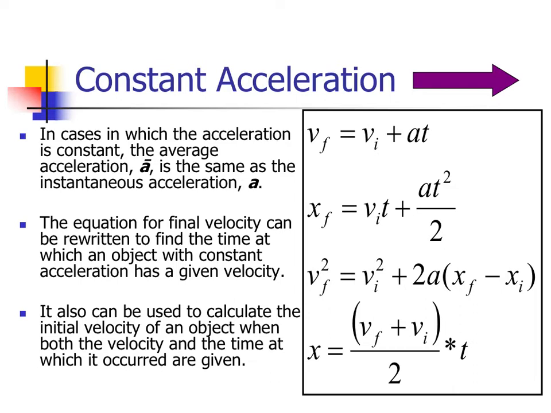The first equation is a manipulation of the acceleration equation. This equation is just an algebraic manipulation of our original acceleration equation. I think when you look at it, it makes sense. It gets rid of that negative VI, which sometimes bothers people.